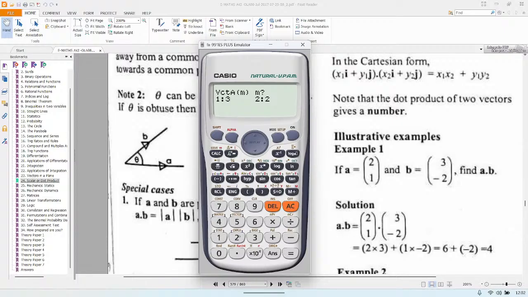And the 2 is the Cartesian plane, the x and y. Mind you, this one you can use your head to solve. 2 times 3 is 6, plus 1 times minus 2. You get 4. But I want you to also explore the feature on the calculator. So this becomes vector A, the first one. You press 2, equal, 1, equal. Are you there? Very well.